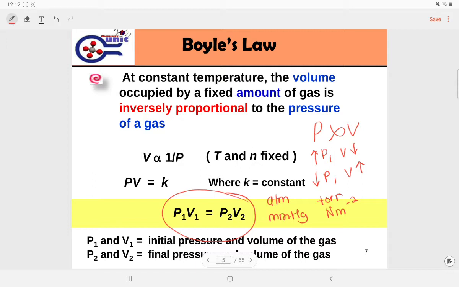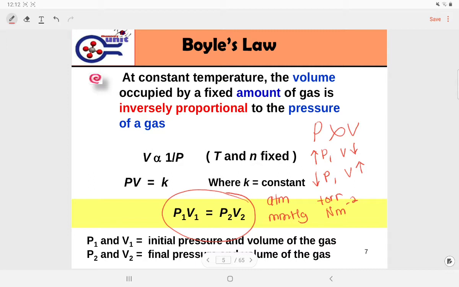Another case: if you're using volume in milliliters for V1, then for V2 you also need to use milliliters. You just need to remember that if you're using Boyle's law, the units for both pressure and volume at 1 should be the same as at 2.